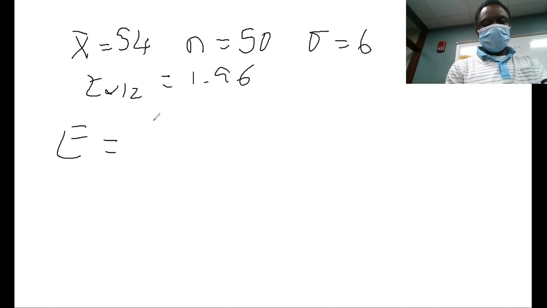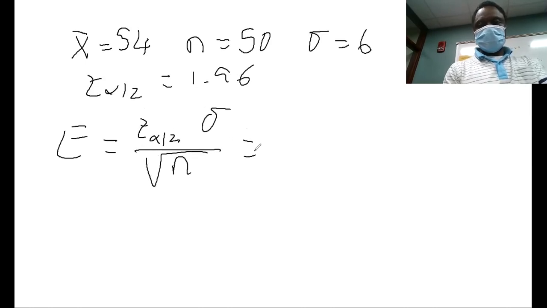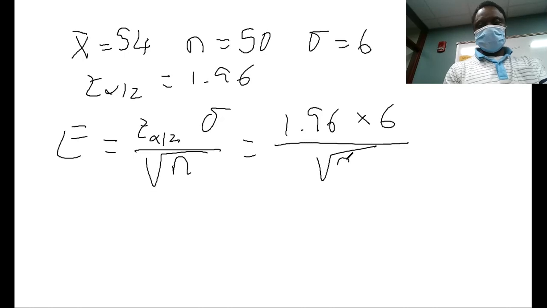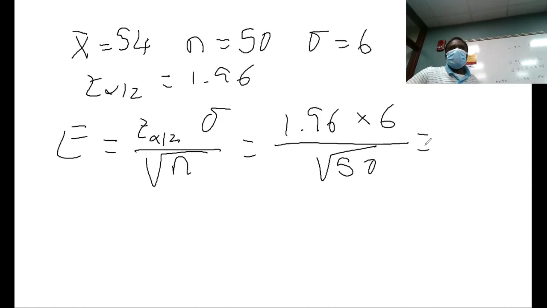E is equal to Z alpha over 2 times sigma over square root of n, which is 1.96 times 6 divided by square root of 50. You can use your regular calculator to do this.